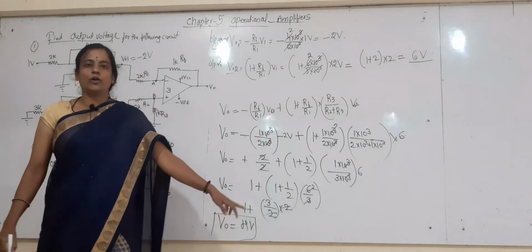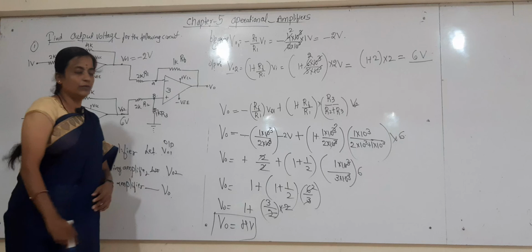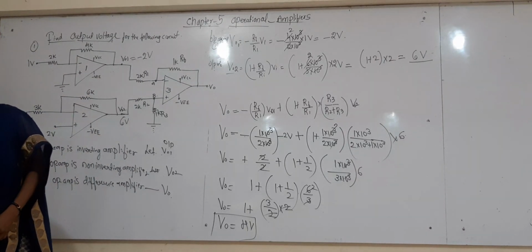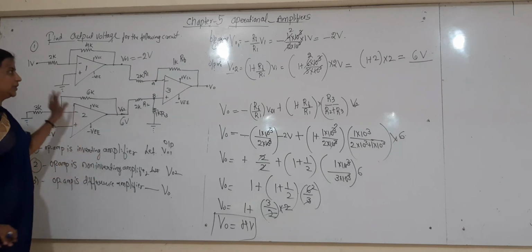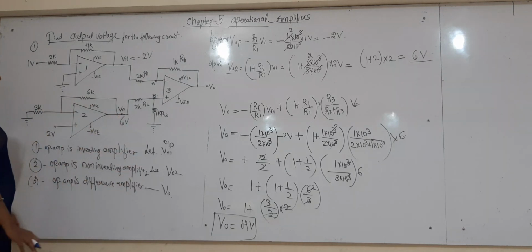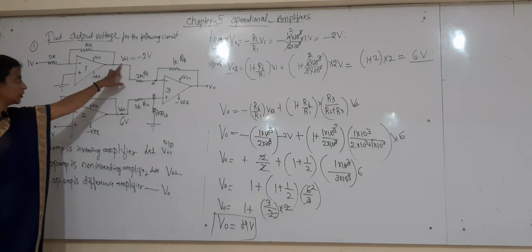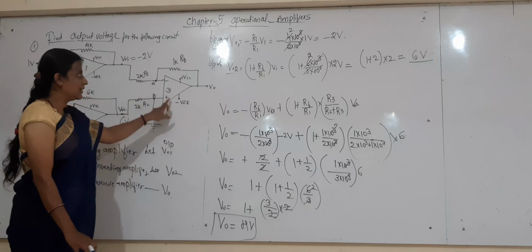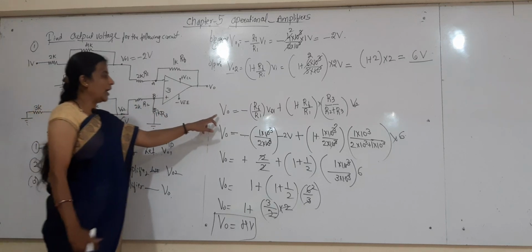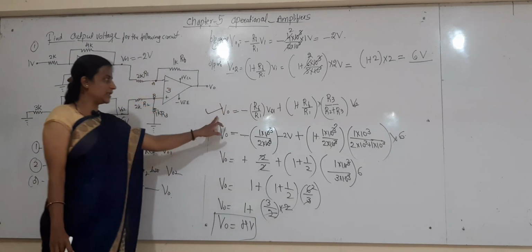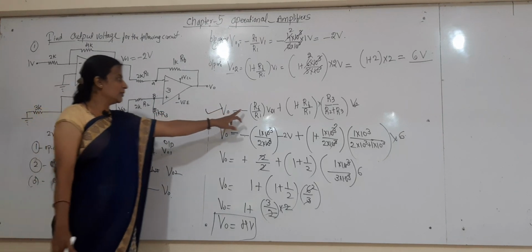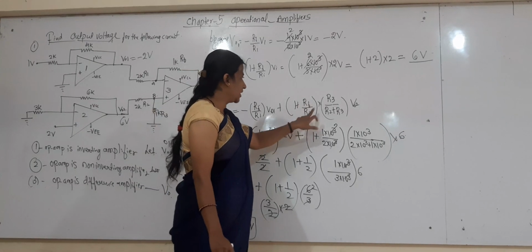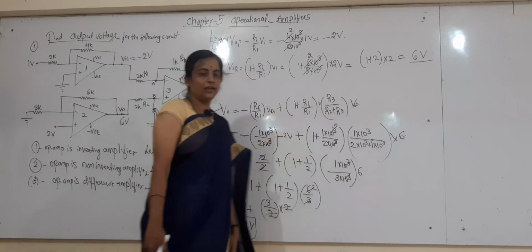That is the required output for this final circuit. So this is the output voltage for the given problem. For 5 marks, if they ask, first you have to find V01 and V02. Then for the difference amplifier you have to write this equation: minus RF by R1 V01 plus 1 plus RF by R1 into R3 divided by R2 plus R3 V02.